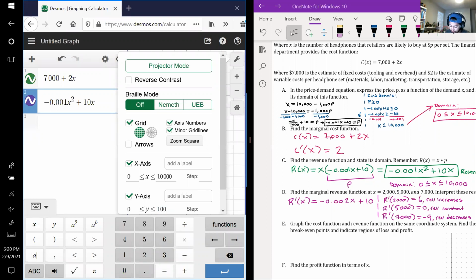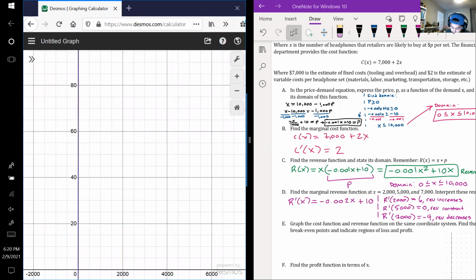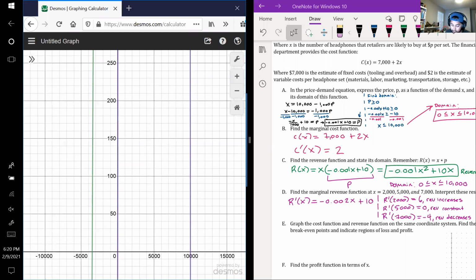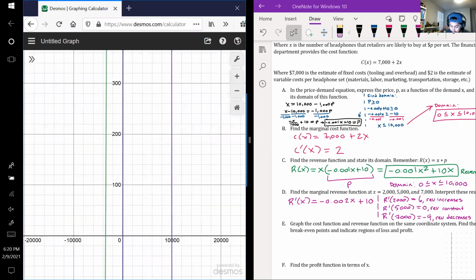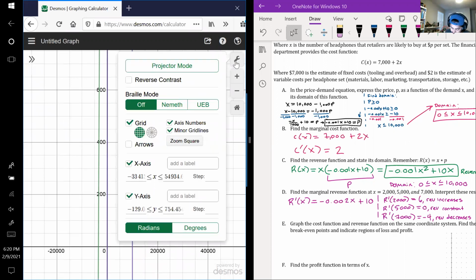Let's see how that works. And then move this over. Where's everything at? Oh, no, that's too, let's see. Okay, I'll get it in a second. Let's see. I think I had revenue. Let me see where that vertex goes.